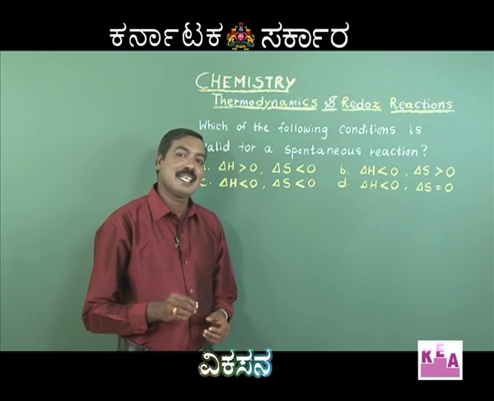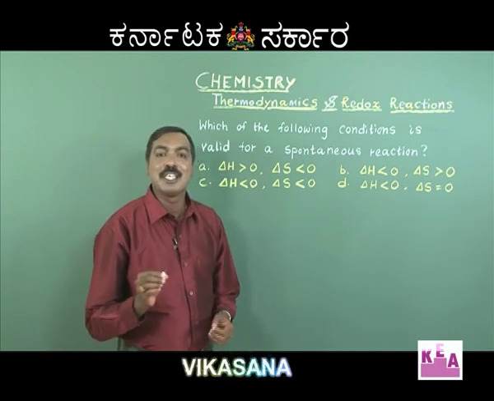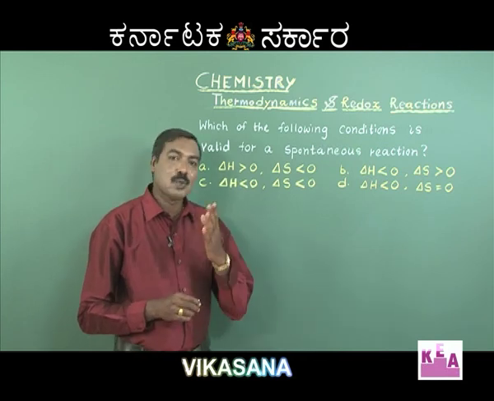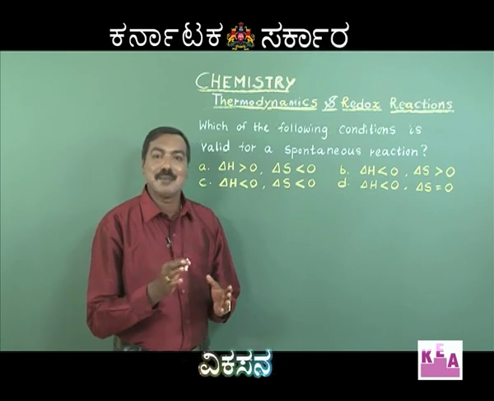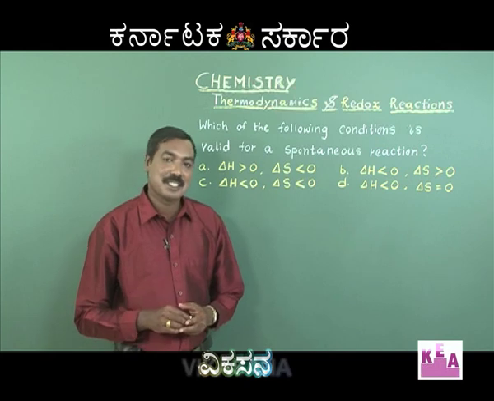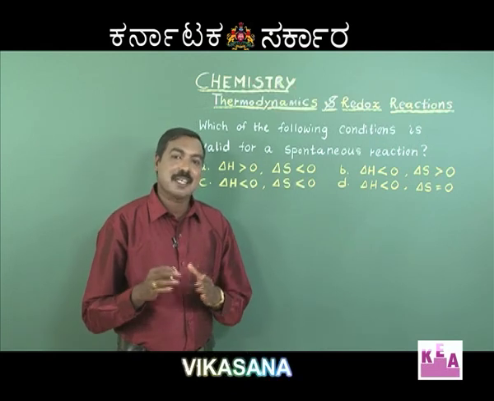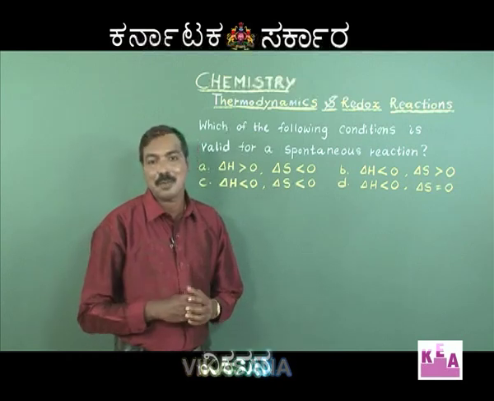There are necessary criteria and conditions for predicting whether the reaction is spontaneous or not. Remember two rhyming words: minimum energy, maximum entropy. And the third one, free energy change. These are the three deciding factors which can predict whether the reaction is spontaneous or not.